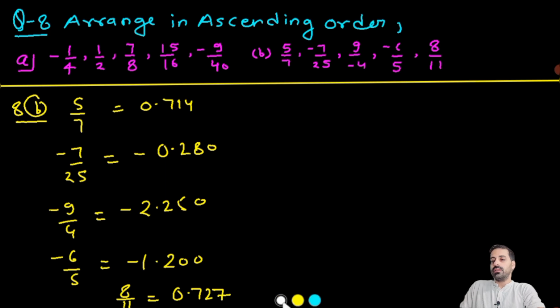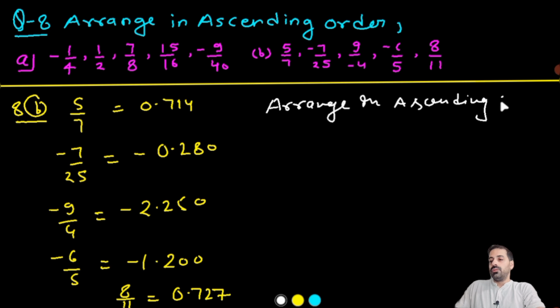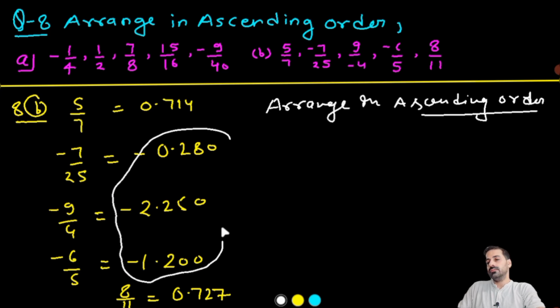Now we are going to arrange in ascending order, the smallest value first. These three are negative values, so first we have to decide which is greater and which is smaller.